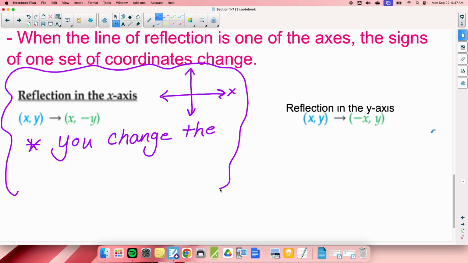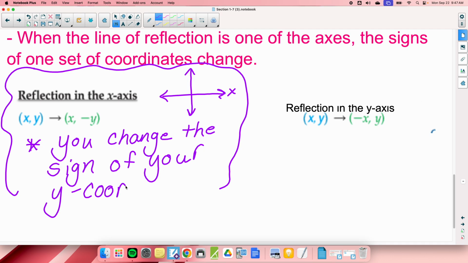So everything I have circled there, put that somewhere on your cheat sheet.